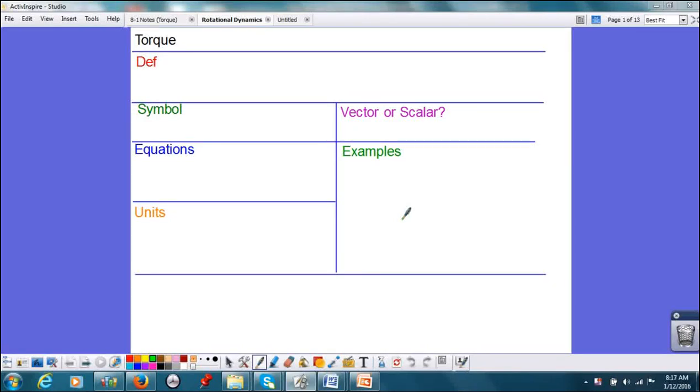All right, today we're going to continue talking about torque. Now, we talked about torque before, and we said that a torque causes a twist or a turn. Okay, it causes an object to rotate.